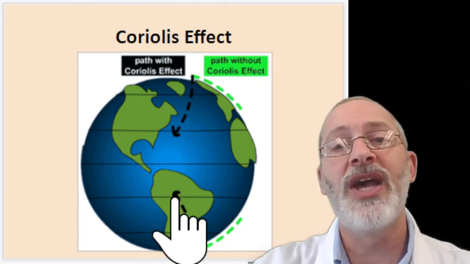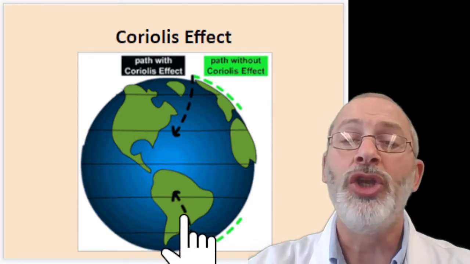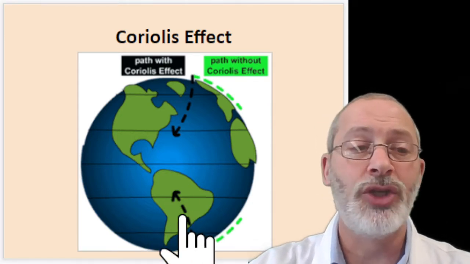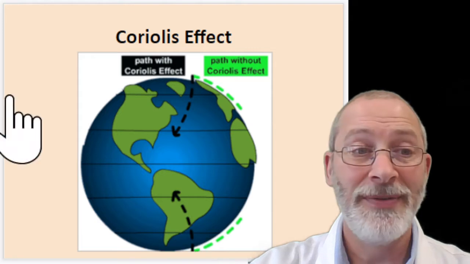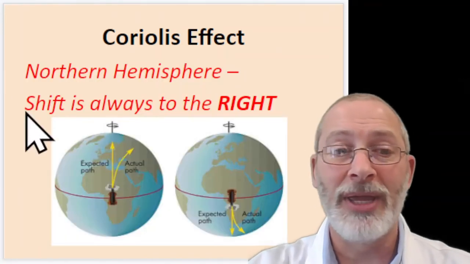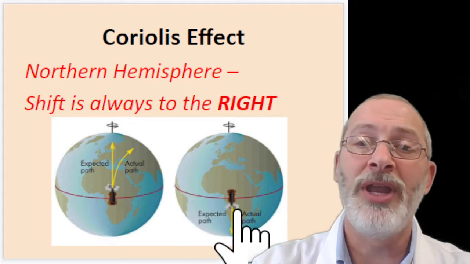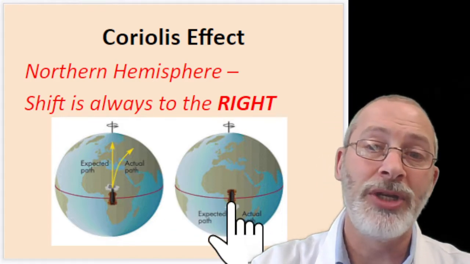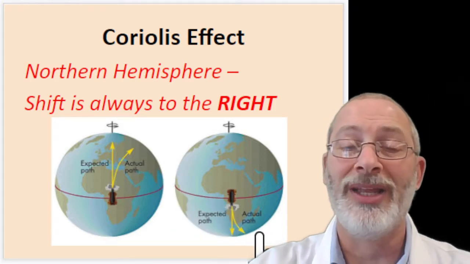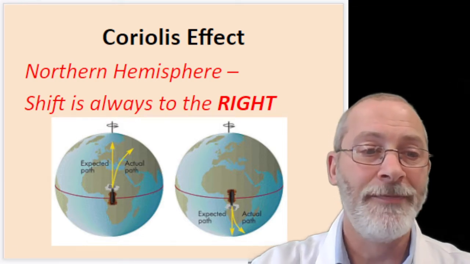If you're in the southern hemisphere, you will always be shifted to the left. I'll show you that diagram again. In the northern hemisphere, you're shifted to the right. Southern hemisphere, if you're going in this direction, you're shifted to the left, the actual path. All right.